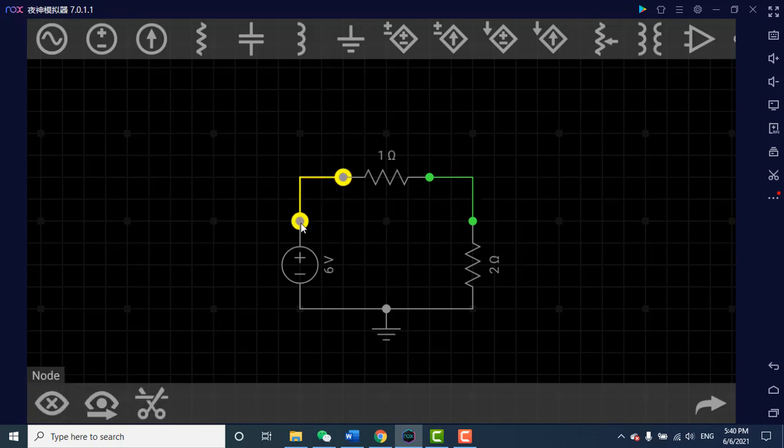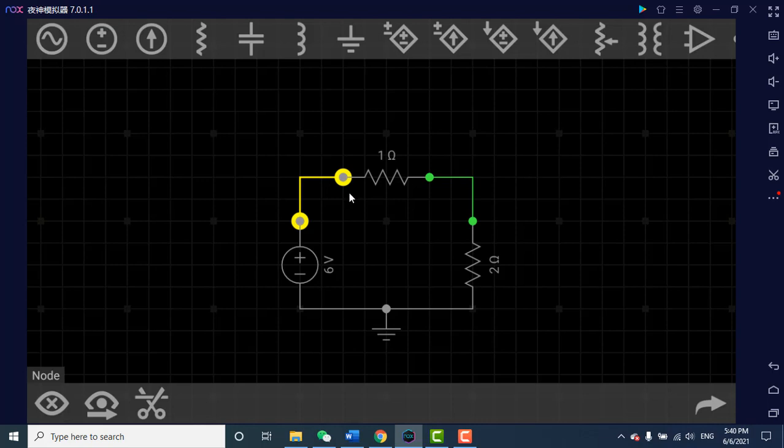So I start from this point and move here, and the current flowing in this loop I consider as I1. The other thing you should know is that the entering point of current in any resistor, capacitor or any component is considered the positive terminal. So if we move from here, first we meet this terminal of R1, the entering point of the current.